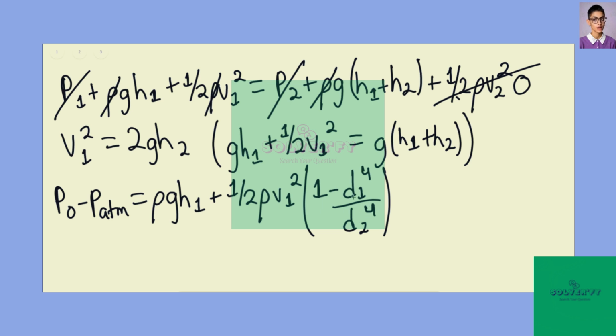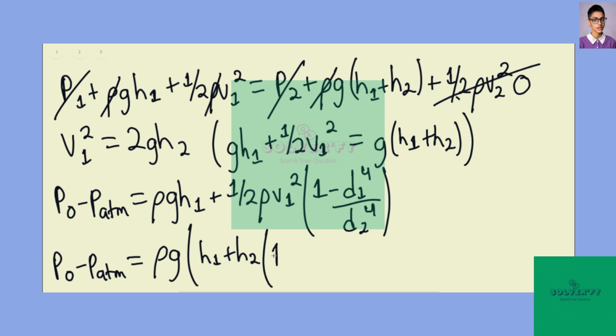And this is going to equal rho g times h sub 1 plus h sub 2 times 1 minus d sub 1 to the 4th divided by d sub 0 to the 4th. Oh, my apologies. This is actually not 2. I'm getting my subscripts confused. My apologies. Okay. And after that, then we can solve.